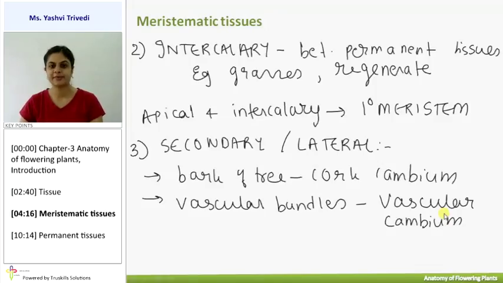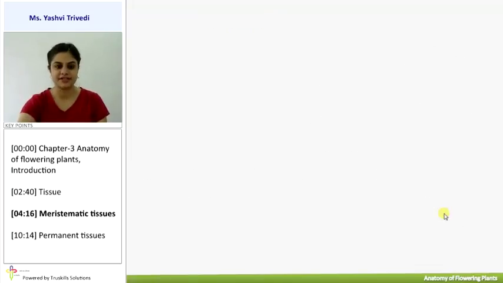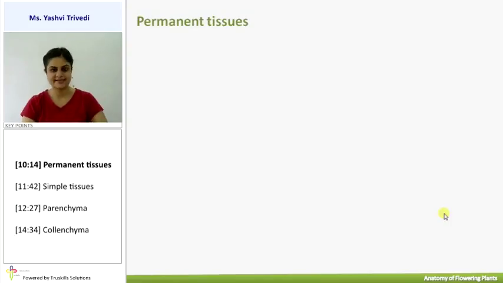Now the second type of tissue is permanent tissue. So let us see about permanent tissue. Meristematic tissue was said to be meristematic because it involved continuously dividing cells. Permanent is said to be permanent because the cells which it possesses won't be undergoing continuous division.